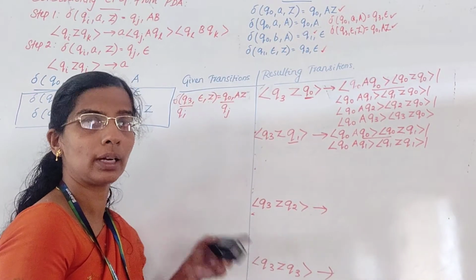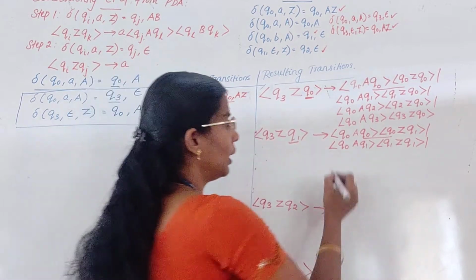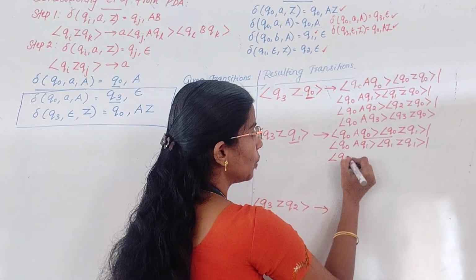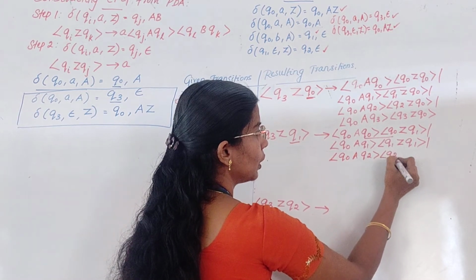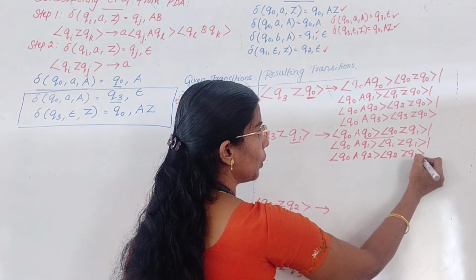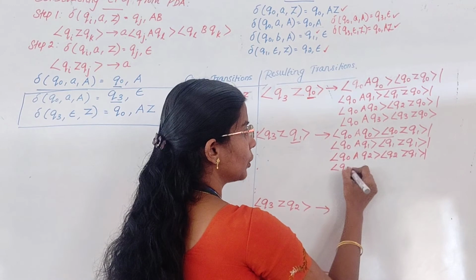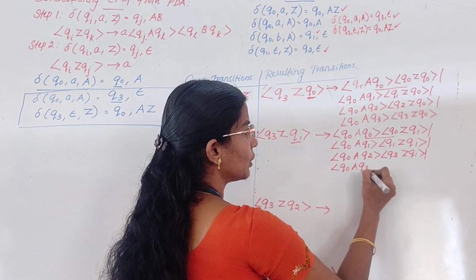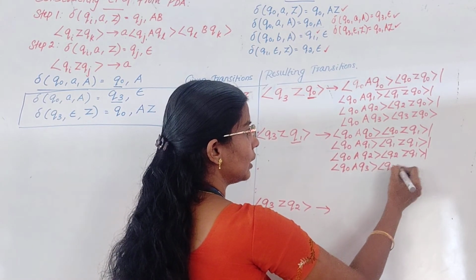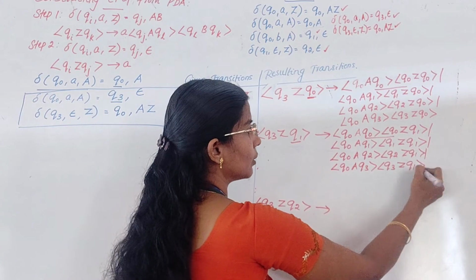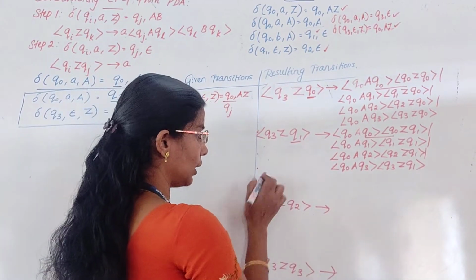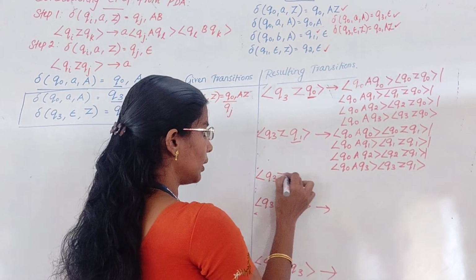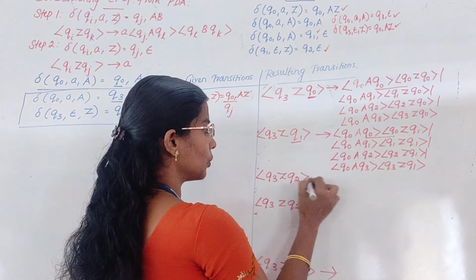Change the L value alone. Next L value is Q0, A, Q2, Q2 set Q1. Next L value Q0, A, Q3, Q3 set Q1. Am I correct? Next write this down: Q3 set Q2.